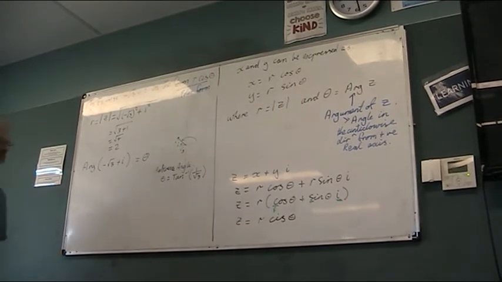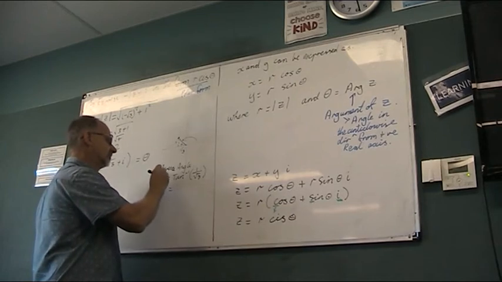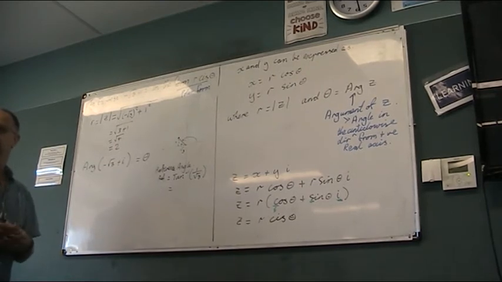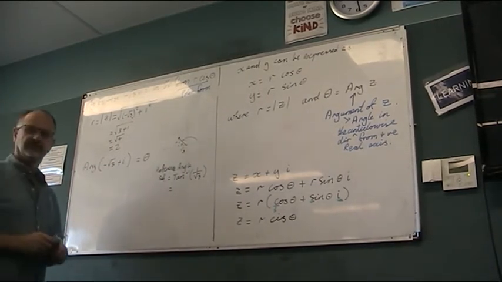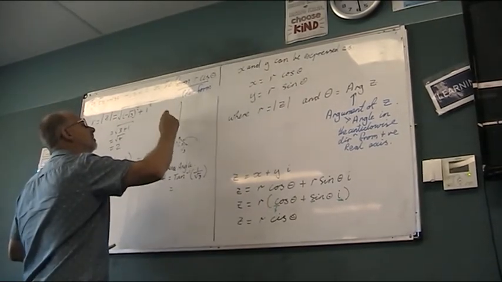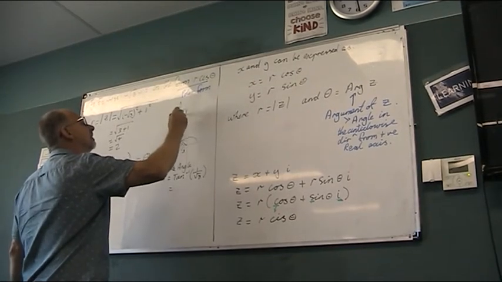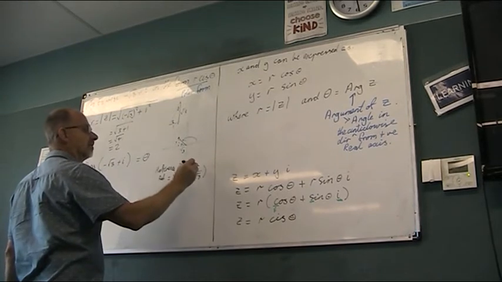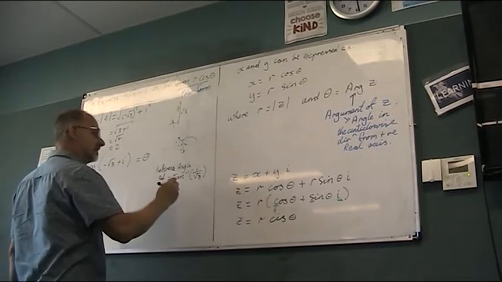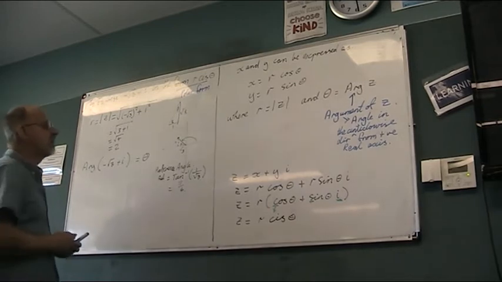And what angle has a tan of 1 on root 3? We know that triangle, pi on 3, pi on 6, root 3, 1. So opposite, adjacent, pi on 6 then, yes?